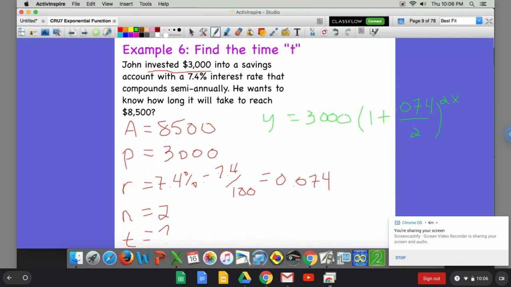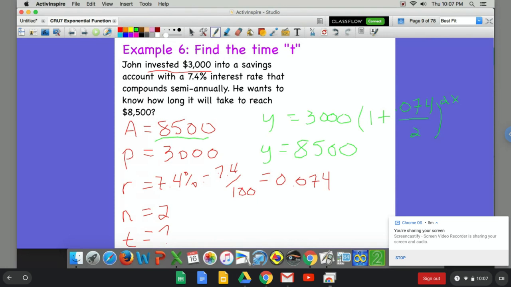But the thing is we actually know what y is equal to. So if we want to see where it intersects, we're going to make a line at our A value. So y is going to be equal to 8,500. And so what that's going to do is if we punch in the right side, it's going to give us a graph.